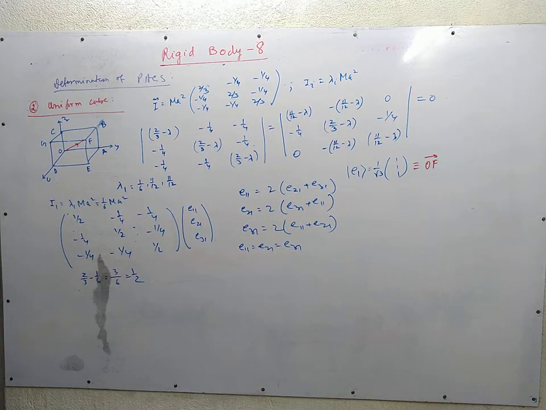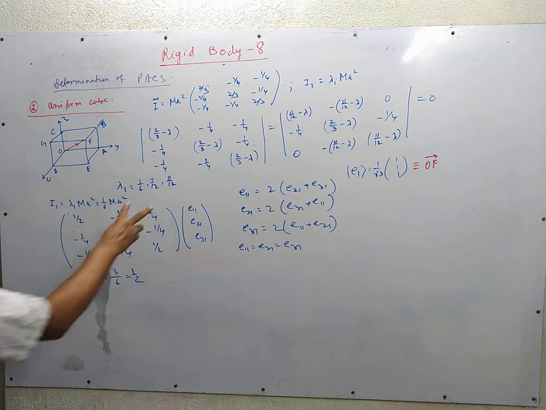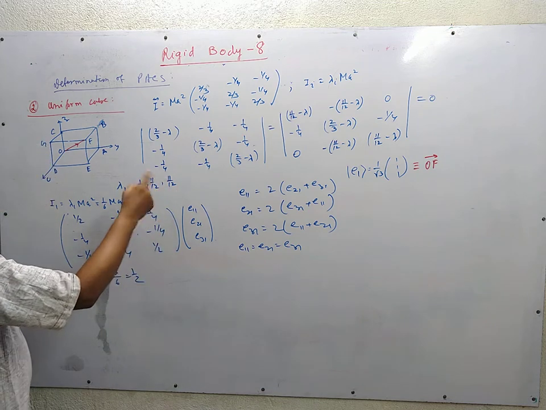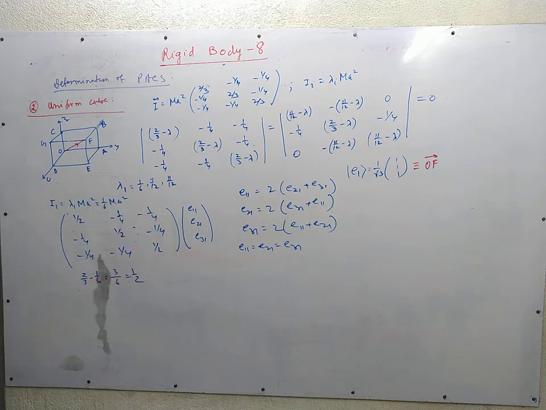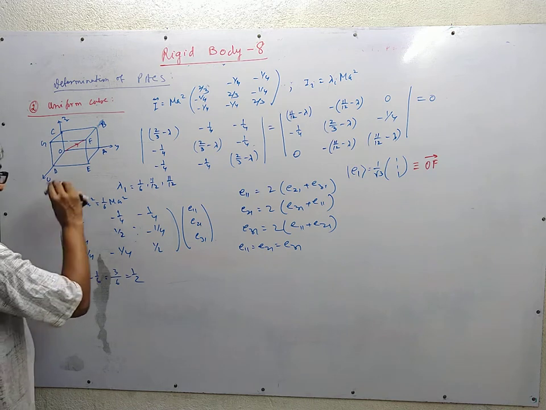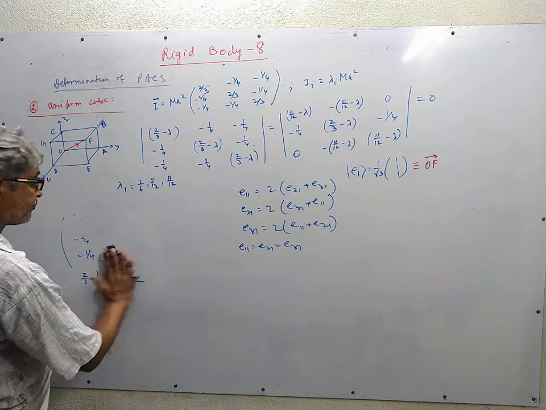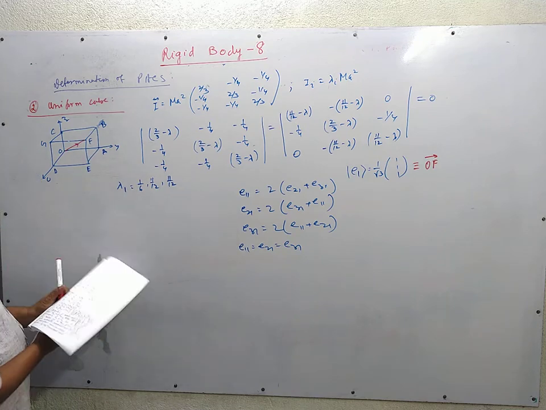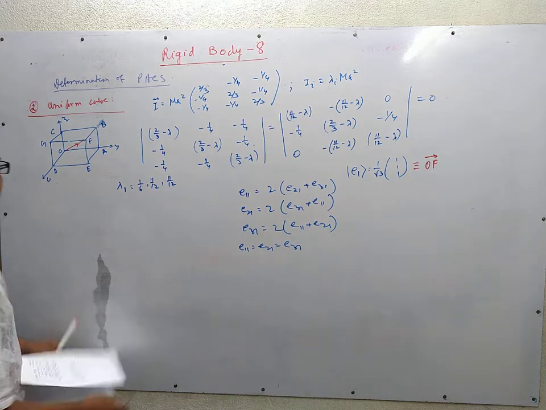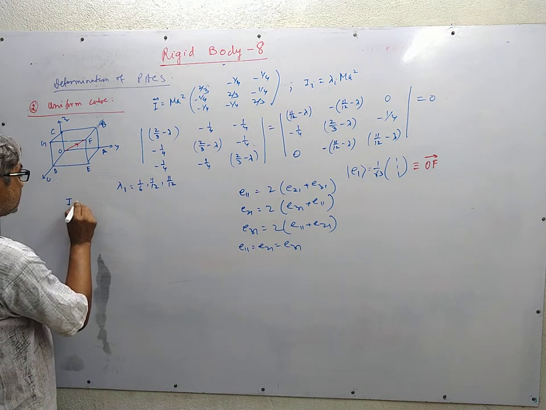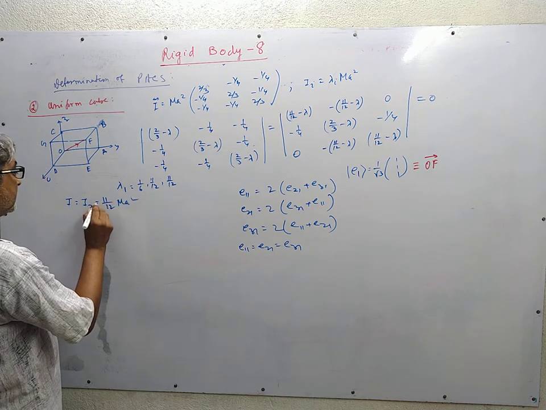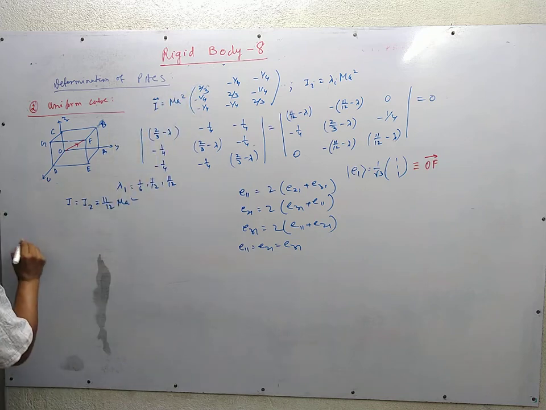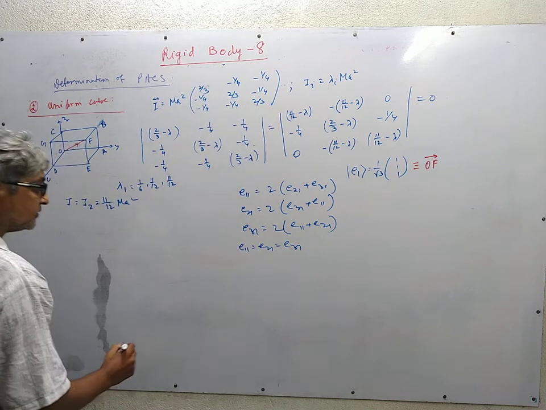Now coming to the other roots. These roots are degenerate because this is lambda 2 and this is lambda 3, but when we put this in this equation, we do not get any extra information. So for I2 equal to I3 equal to 11 by 12 ma square, the matrix becomes, let us consider the diagonal terms.